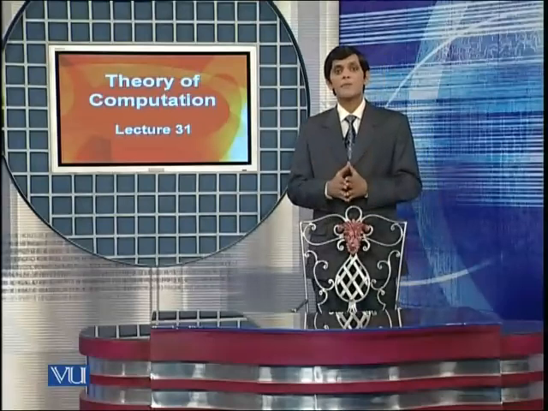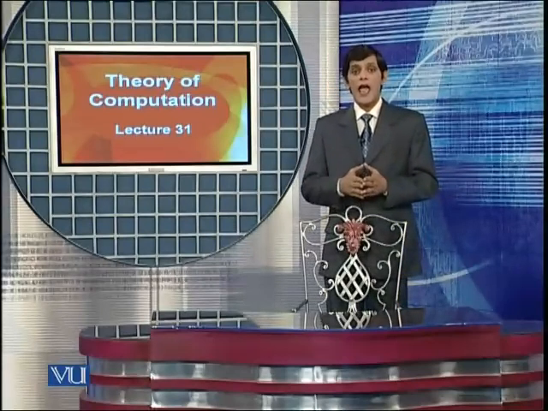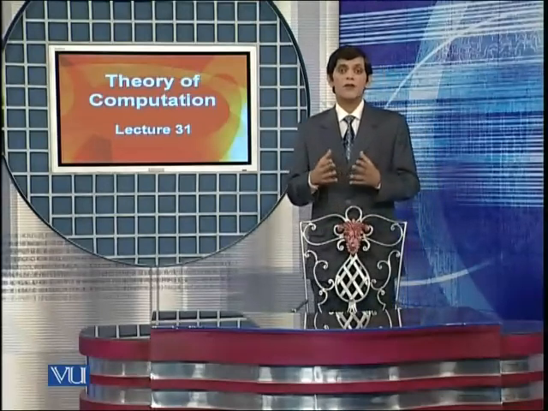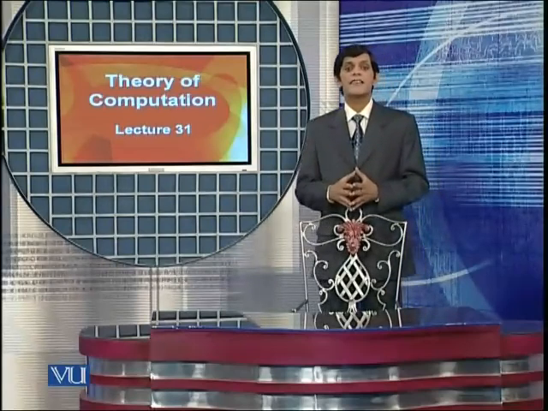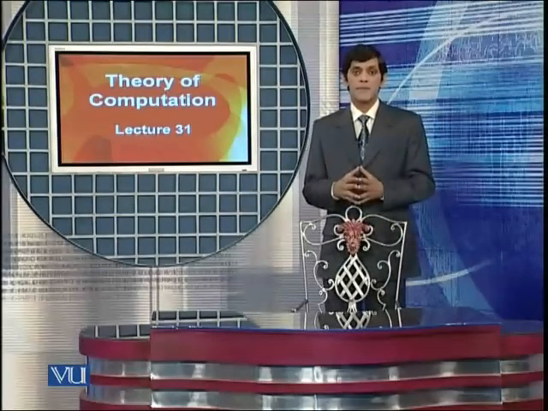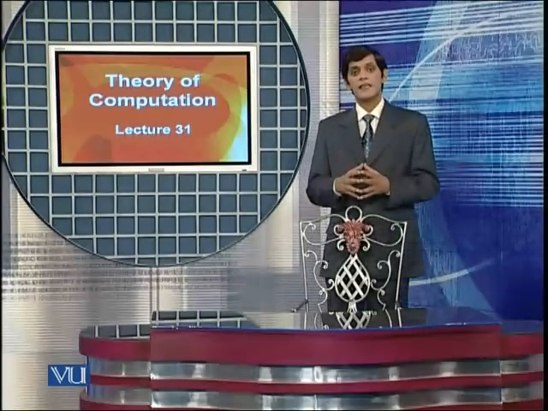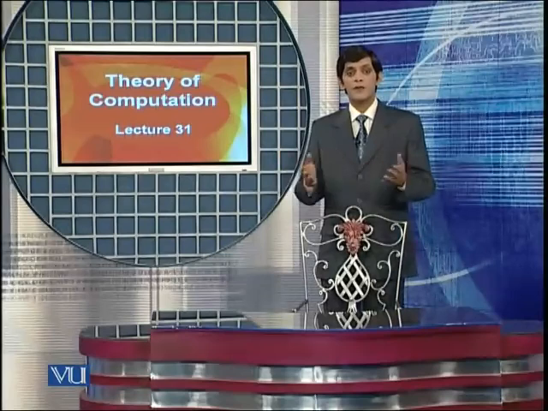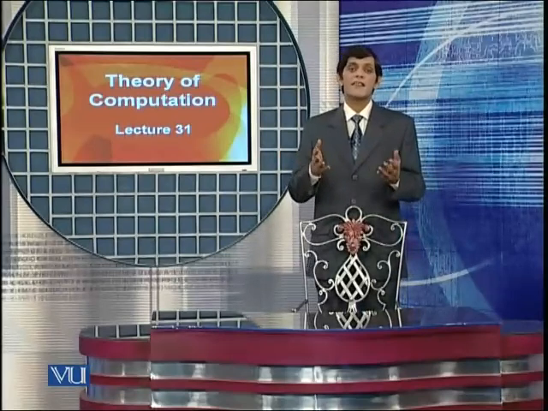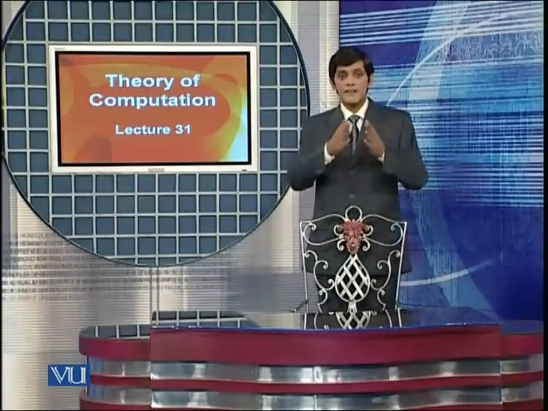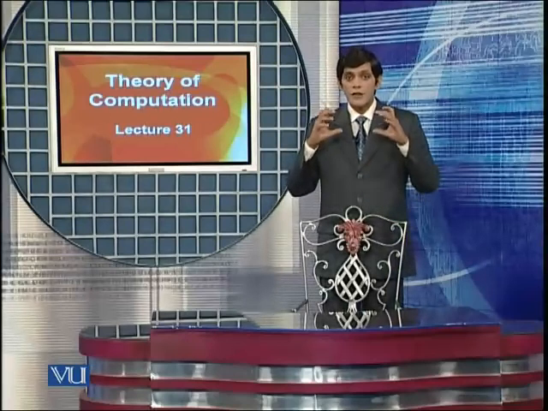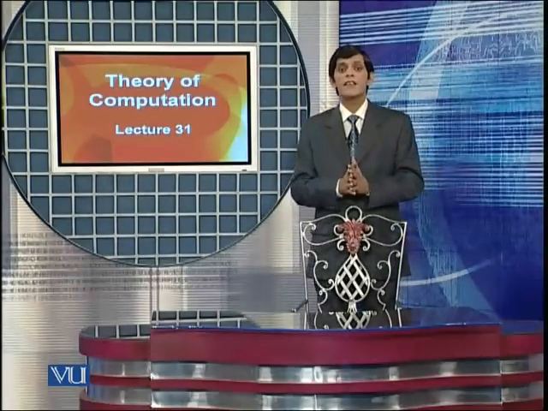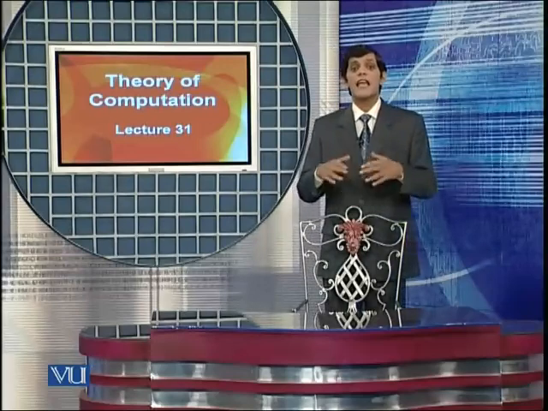After that, we looked at a problem in graph theory called the independent set problem. In the independent set problem, you're given a graph and an integer k, and you're asked if this graph contains an independent set of size k. An independent set in a graph is a set of vertices such that there are no edges between any two vertices in this set. So an independent set is a bunch of vertices such that if you look at only those vertices, then the induced graph is empty.